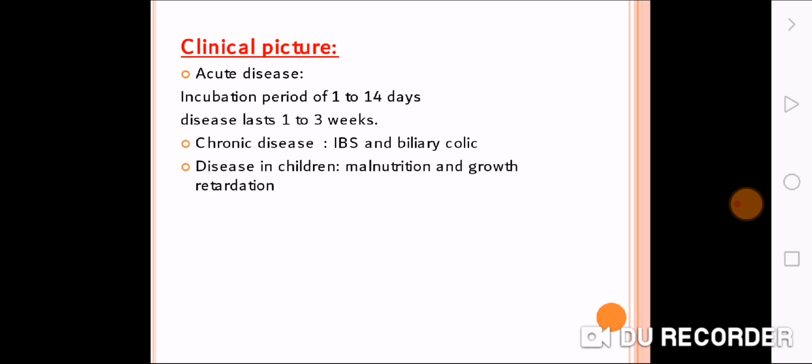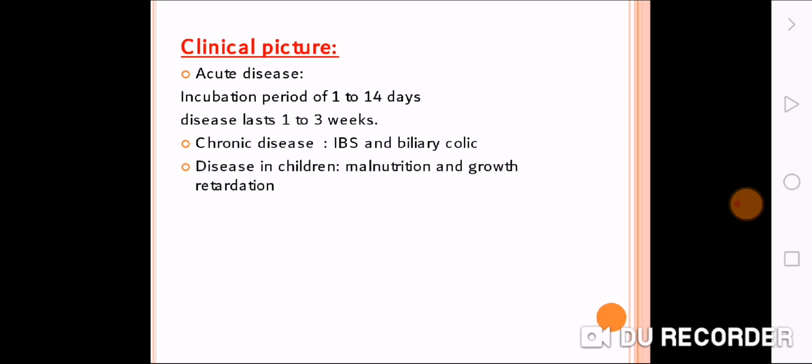Clinical picture. We have an acute form of disease, we have a chronic form of disease, and we have the disease that affects children. Acute form of disease. The incubation period of Giardia is 1 to 14 days. The disease lasts 1 to 3 weeks.